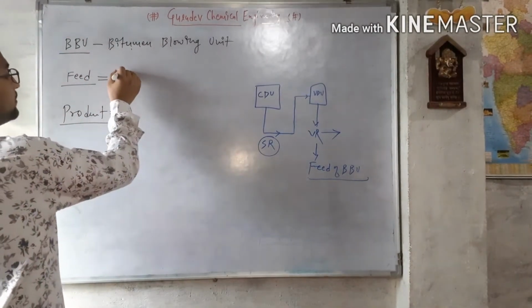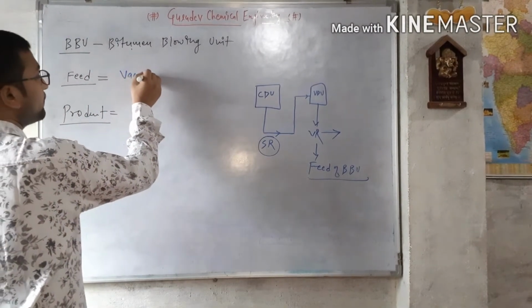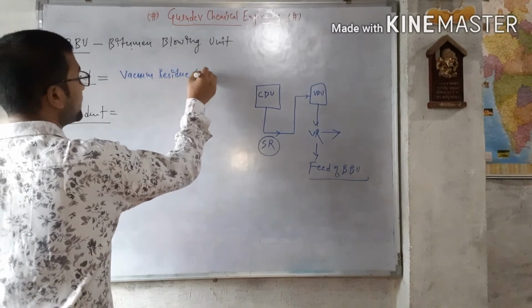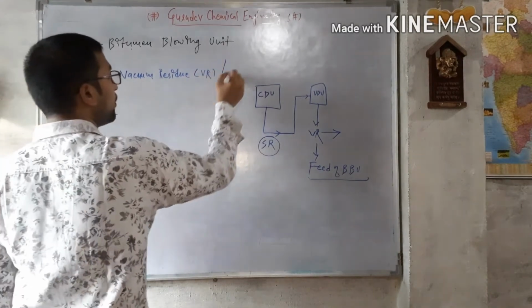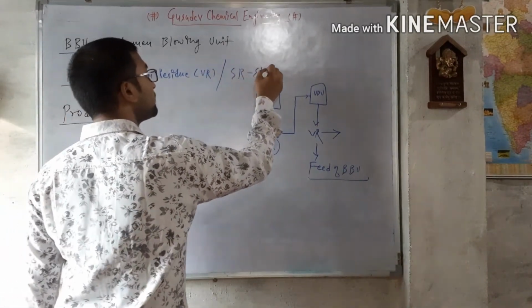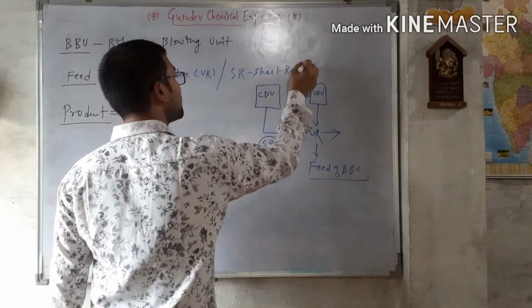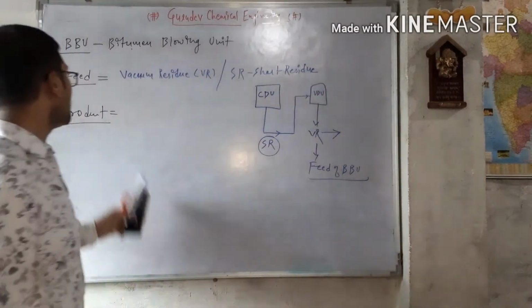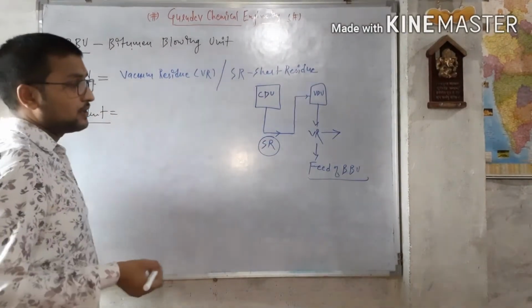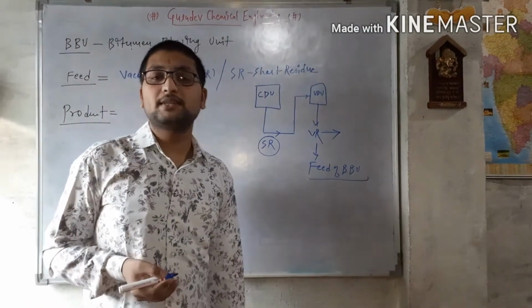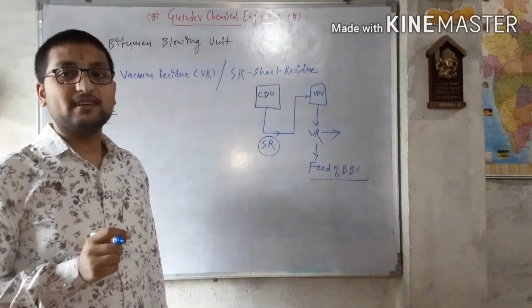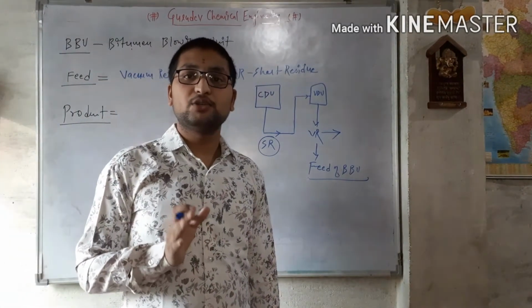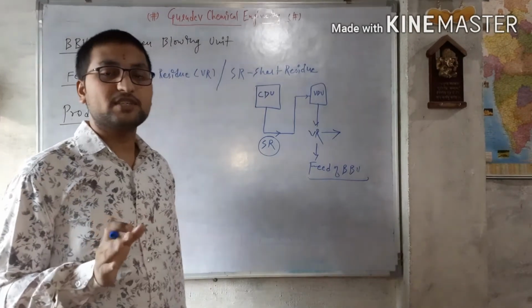So our feed is vacuum residue, that is VR, or short residue. So this is our feed. Now the product: we are generating the bitumen by using the air blowing process, because different types of processes are useful to generate bitumen, but we are using the air blowing process.